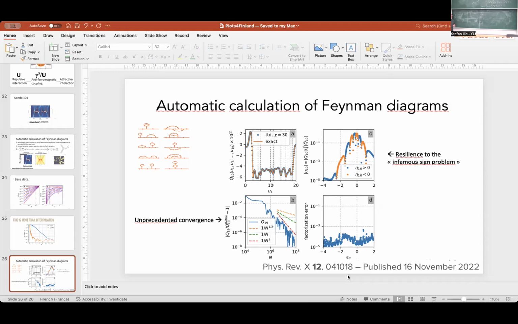Now, VMC, what do you do in VMC? Exactly the same thing. You have a function psi of r, where r is typically, for instance, the occupation of the first orbital, the occupation of all the orbitals. And you give yourself a function parameterized by parameters theta, the same way you do for VQE.